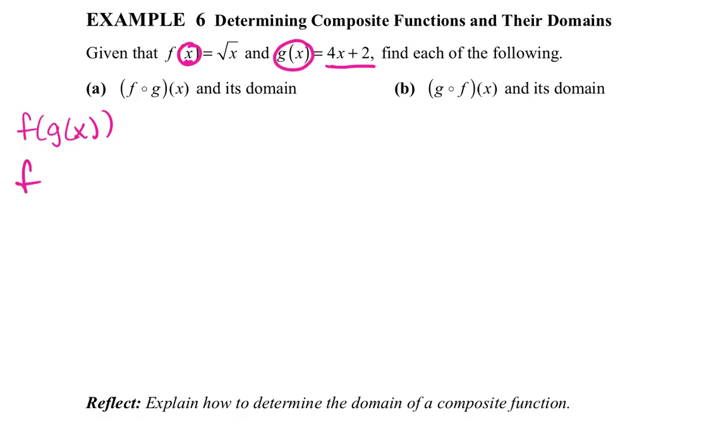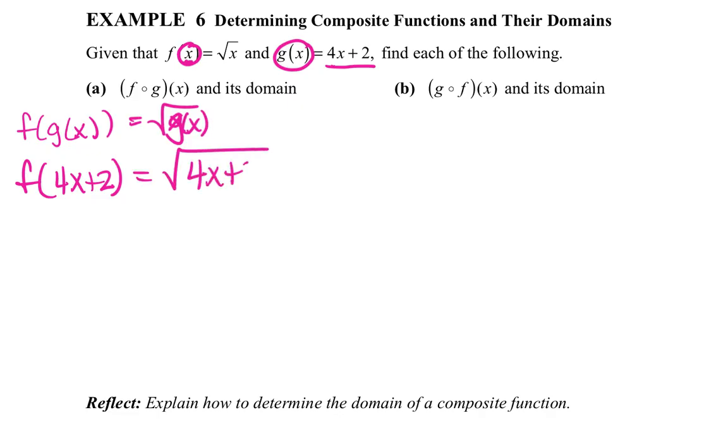So that means f of 4x plus 2. Now, what is the function? So this is g of x here. So you've got the square root of 4x plus 2. Now, this is f of g of x is equal to the square root of 4x plus 2.